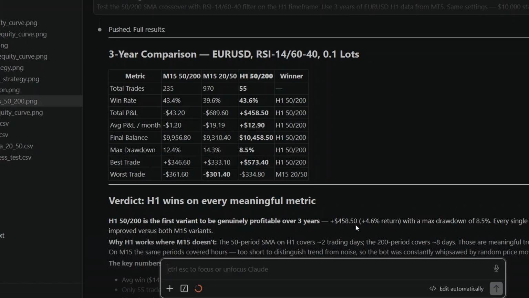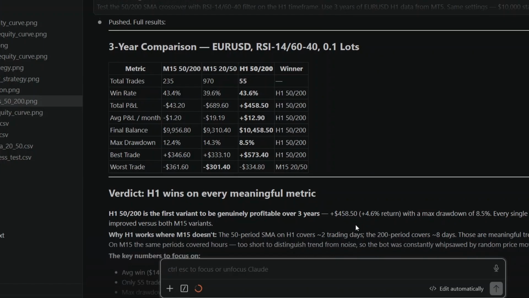That's the first genuinely profitable result over 3 years. Let me say that again. The first strategy that actually makes money over a full 3-year window, not a lucky 6-month window, 3 years.